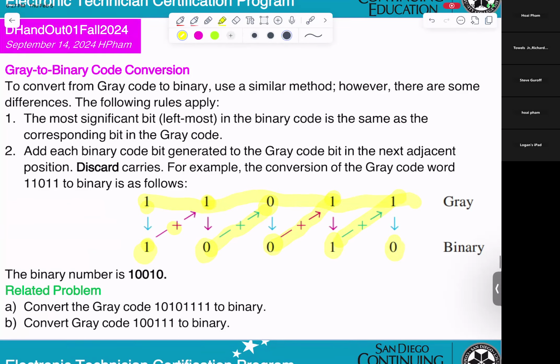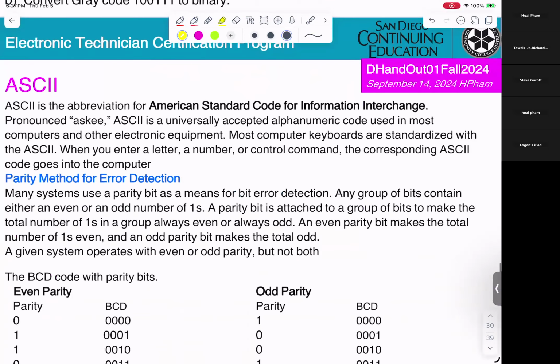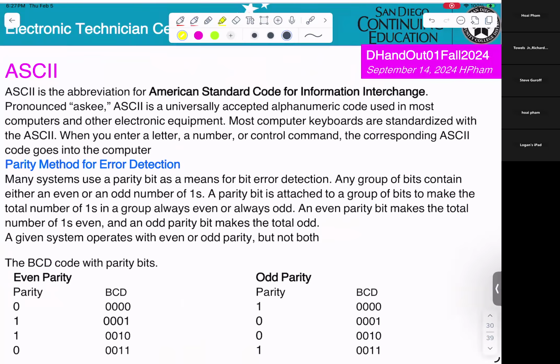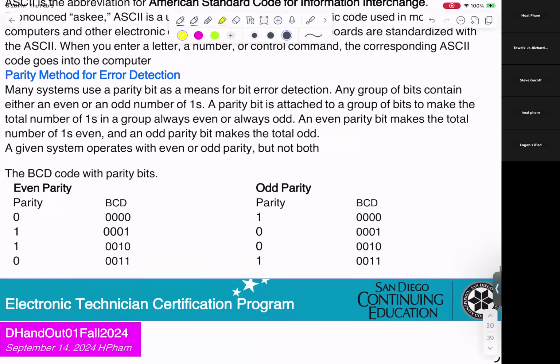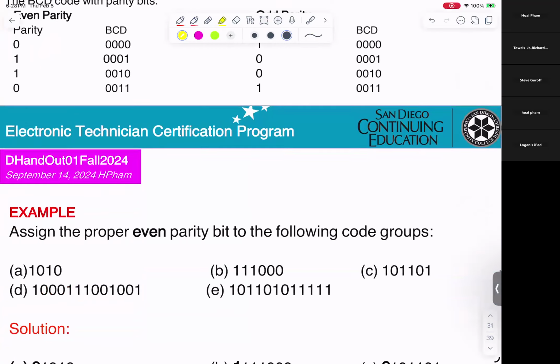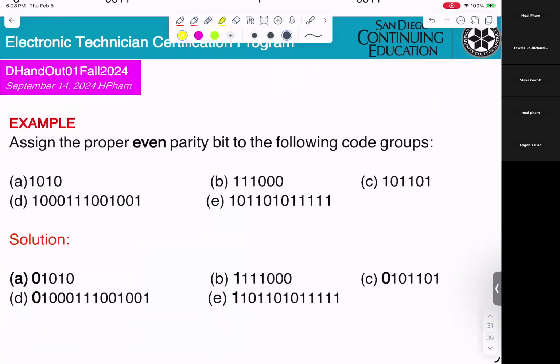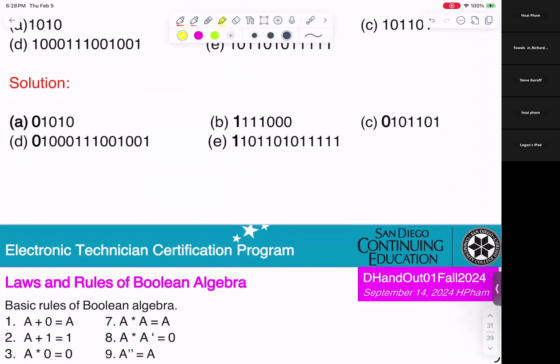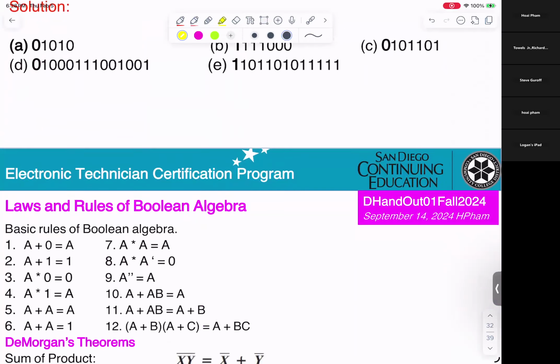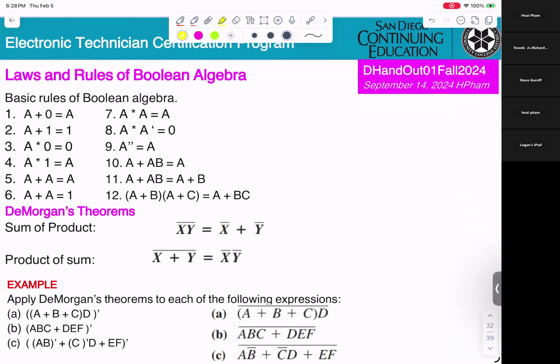That's very simple. ASCII, nothing to talk about there. That's telling you the equivalent for anything in the computer, to deal between different numbers.